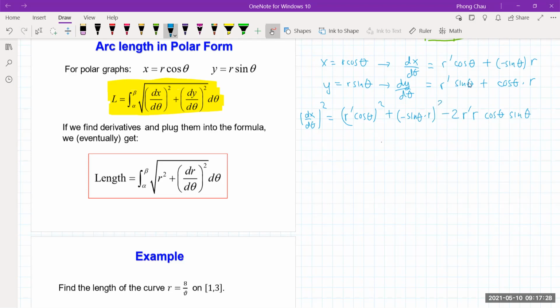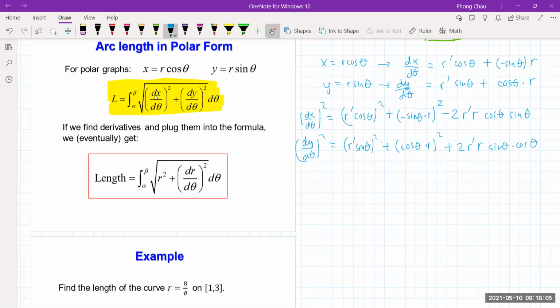Again, that's after you FOIL, and I do the same thing with the dy d theta squared. Then you should have r prime sine of theta squared, plus cosine of theta times r squared, plus 2 times r prime r sine and cosine.